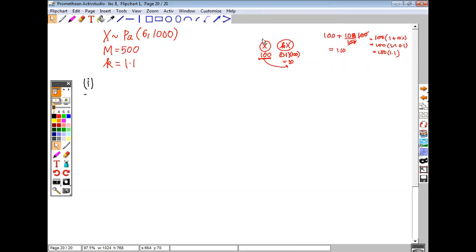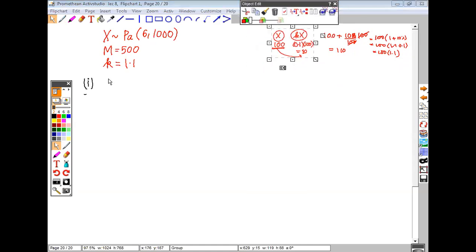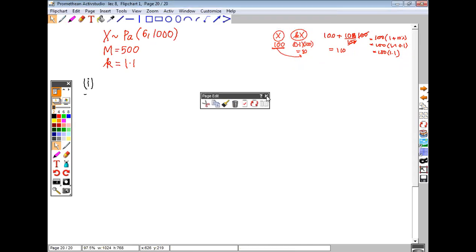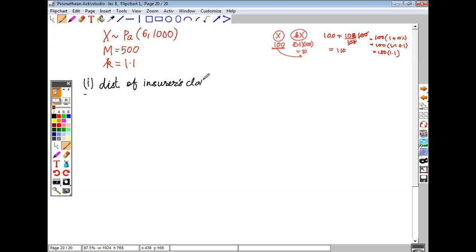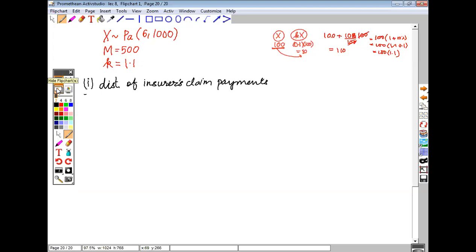Good. So what do you think I should do? It will be in the form that we usually write, for x less than or equal to m and x greater than m. The claim amounts we have to write. Yes, right. Can you dictate that?